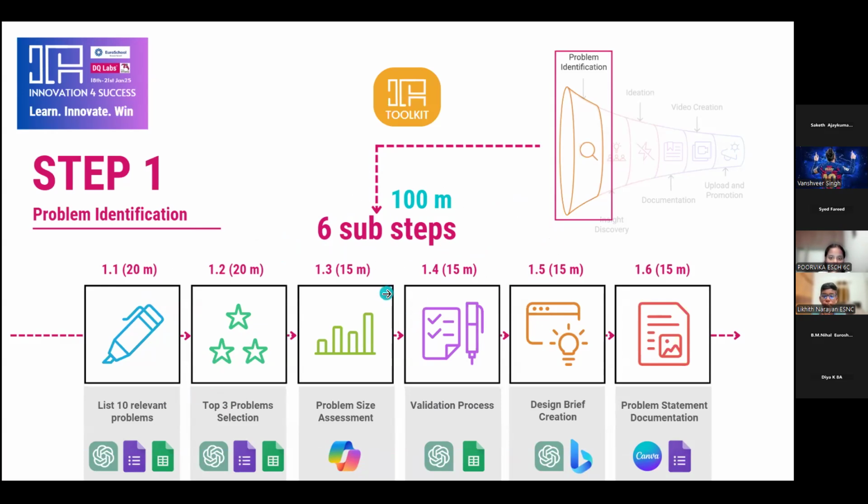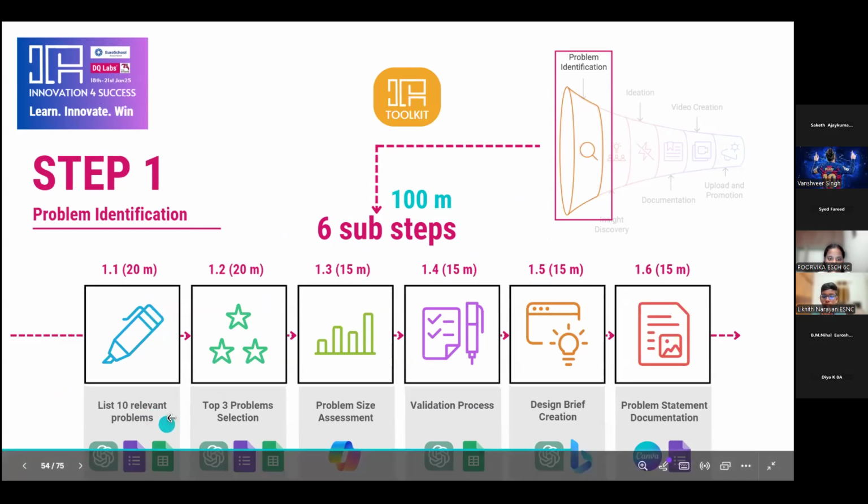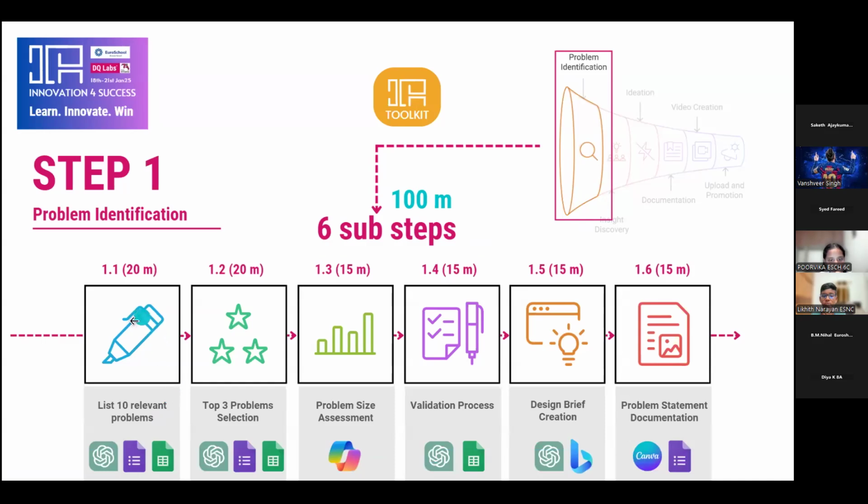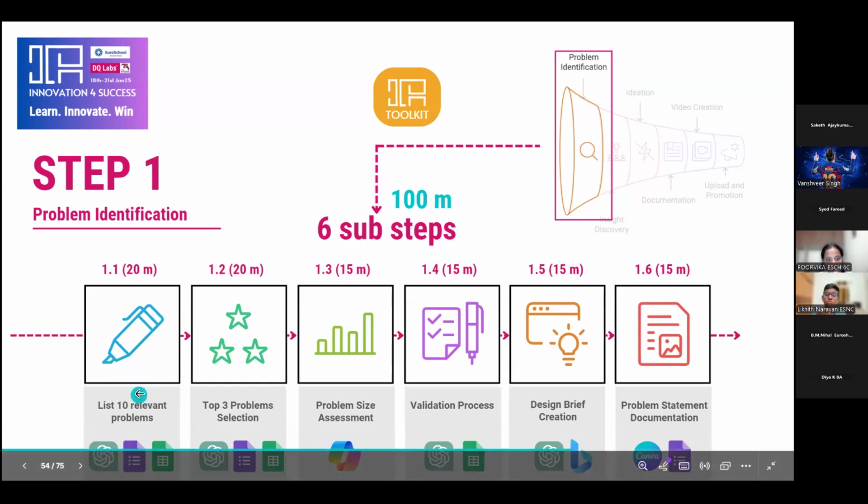So once the theme is announced on the day of the hackathon, you will be asked to list 10 relevant problems that are related to it. There will be some ChatGPT prompts given that will help you list these problems. And you'll also be given some Google Sheet inputs, which will tell you how to list these problems.